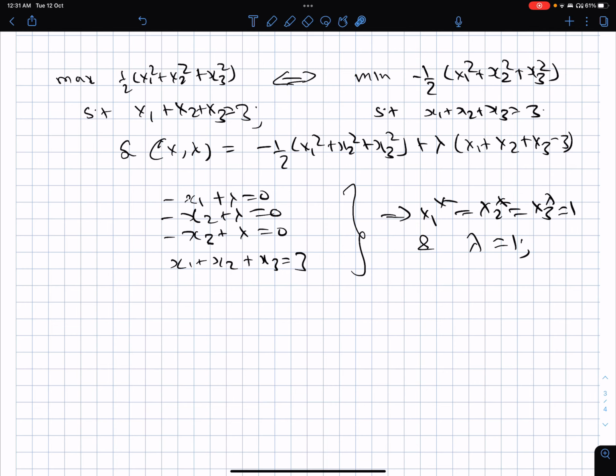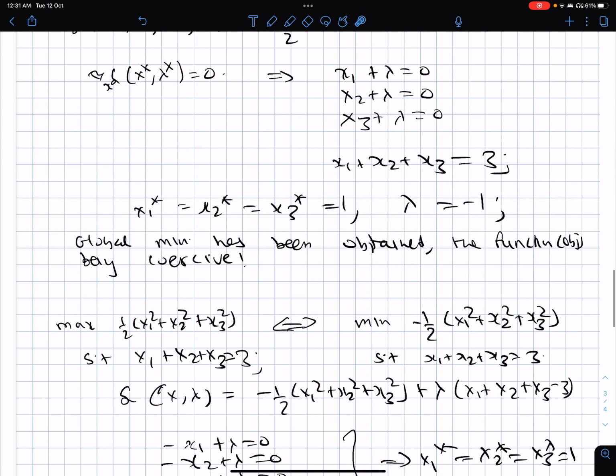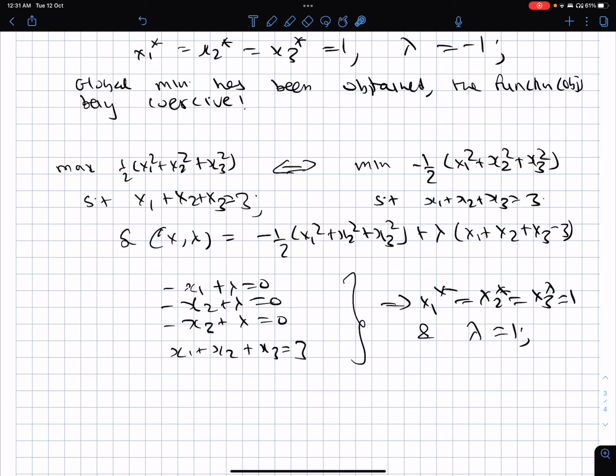Though the first order condition has been satisfied, it's quite clear that this is not the maximum. Why is it not the maximum? Because what we have found just now, 1 1 1, is actually a minimum of this problem. There is only a minimum, so this is not a maximum.